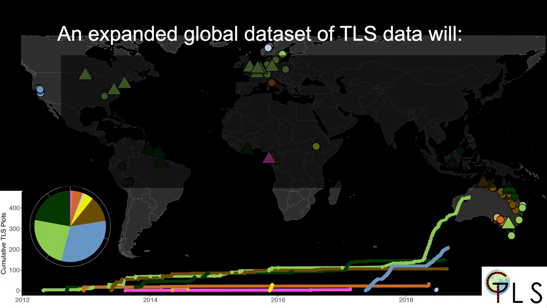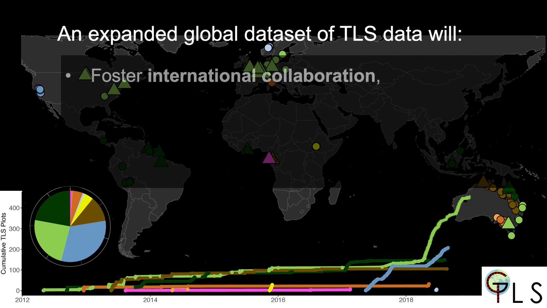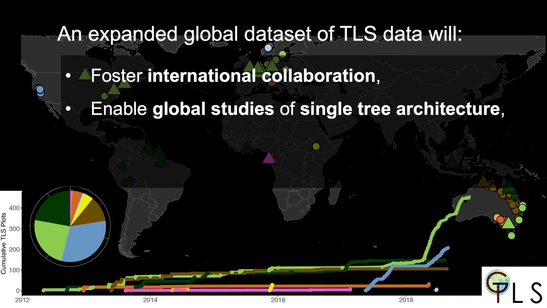So in summary, I think that an expanded global data set of terrestrial laser scanning data will first and foremost foster international collaboration. All of these different communities and institutions collecting terrestrial laser scanning data, this will give us the opportunity to come together to do something greater at a global scale.